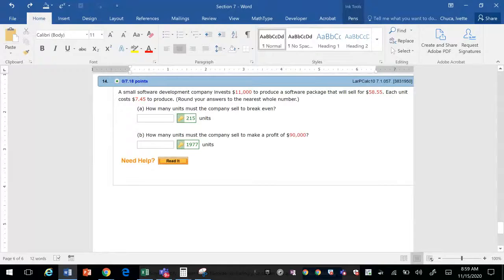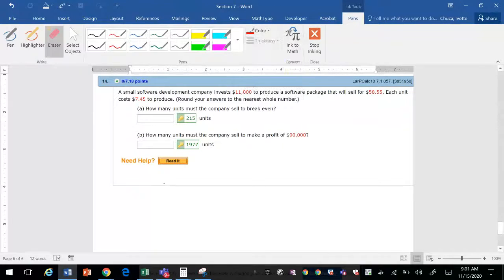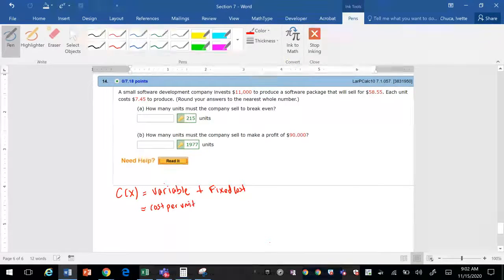So first of all, we want to look at what it means to have a cost and a revenue and a profit. Let's look at cost. The cost is made up of the variable cost plus the fixed cost. The variable cost is how much each product costs to make, so we'll say cost per unit.